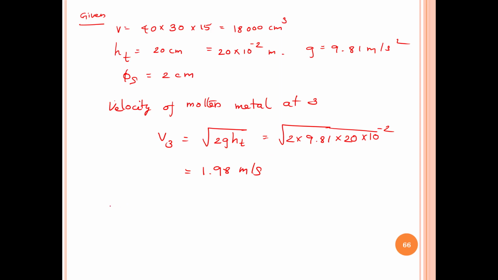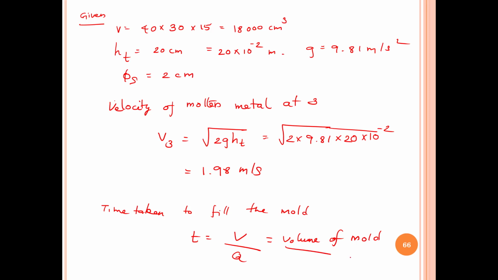Then the time taken to fill the mold cavity is T equal to volume divided by Q, that is volume of mold divided by flow rate.